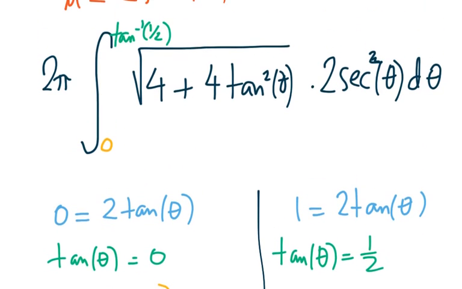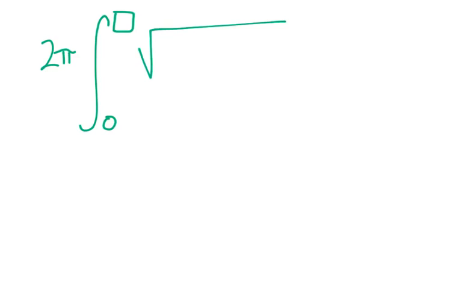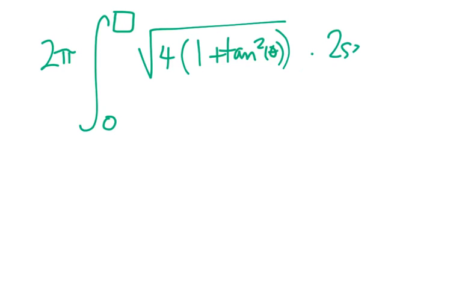Okay. Now let's simplify this. We have 2 pi. The integral from 0 to something of the square root of 4, I factor 4, 1 plus tangent squared theta. And then, don't forget the d theta, 2 secant squared theta d theta.